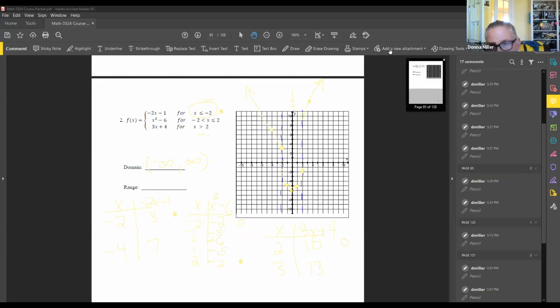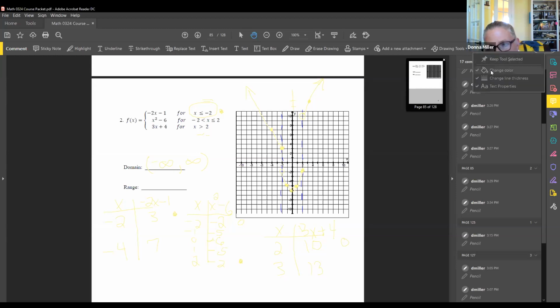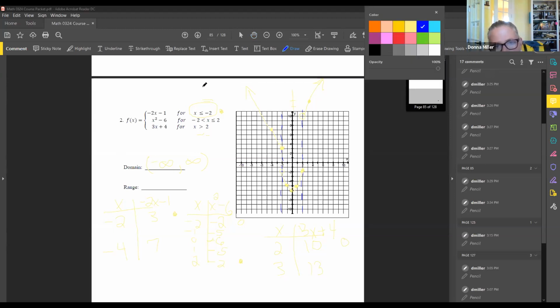Let me get the pen to a different color. Sorry, I messed up. Change color, let's go back to blue. And the thing just won't do that for me. Hold on. Try selecting it and changing it.